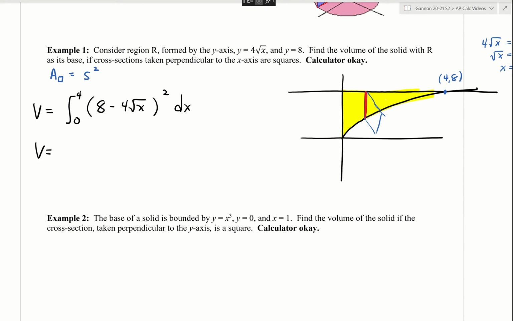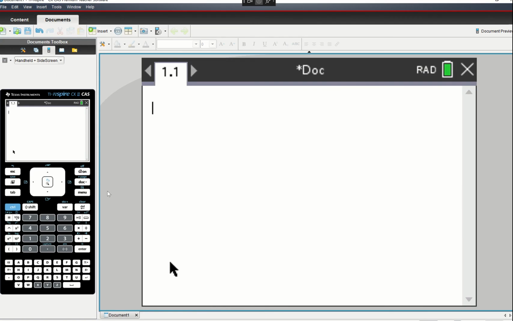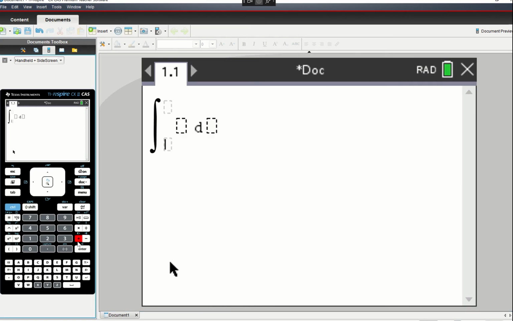All right, so let me pull up the calculator here. Let's go shift plus. We're going to integrate from 0 to 4, and in parentheses, we have the function 8 minus 4 times the square root of x. That quantity is being squared, and we're integrating with respect to x.